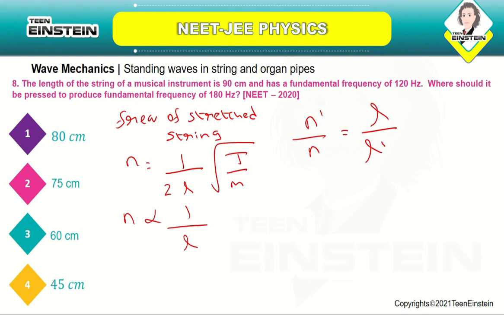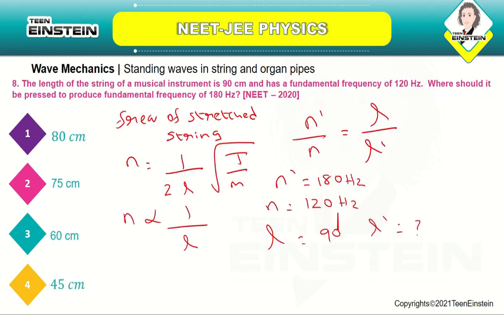So here they have given the two different frequencies. One is 120 hertz and another one is 180 hertz. So n dash is 180 hertz and n is 120 hertz, and the length they have given us L as 90, and they want us to find out L dash.